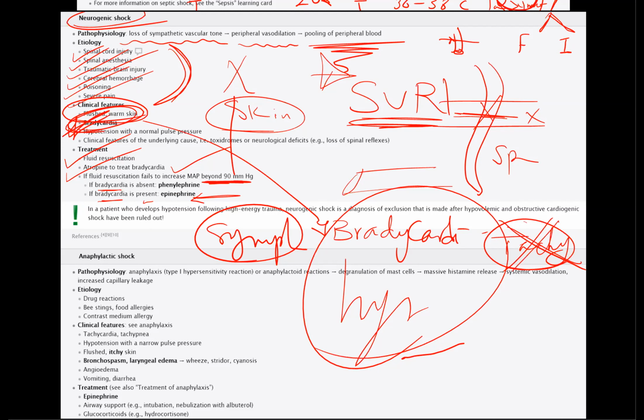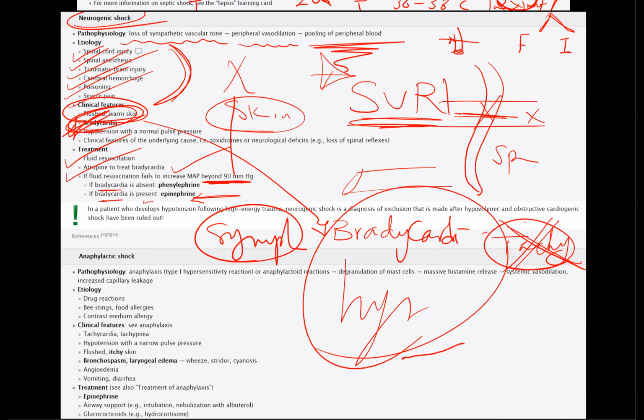Note that in a patient who develops hypotension following high energy trauma, neurogenic shock is a diagnosis of exclusion, made after hypovolemic and obstructive shock.